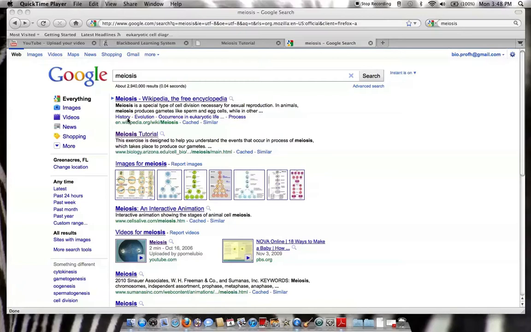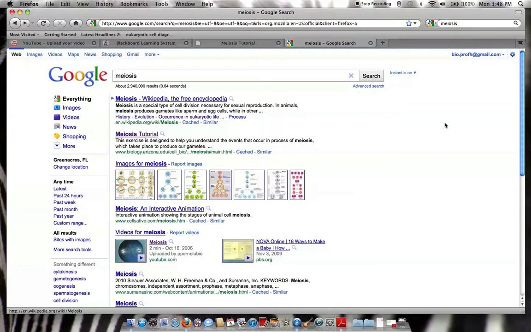Everyone. Today we're going to discuss meiosis, which is the division of the sex cells, or reproduction of sex cells. Okay, now after reading over the information in your textbook, you can come out here and do a meiosis search, and this is such a wonderful tool that you should really be using your computer for all of these topics.